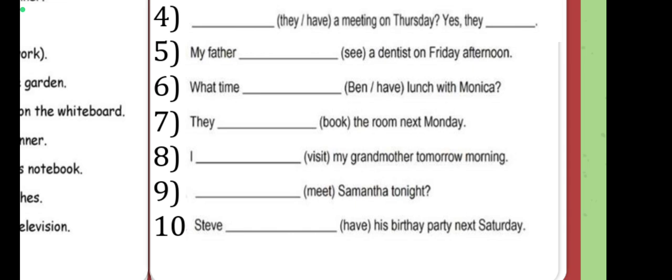I'm visiting my grandmother tomorrow morning. Are... I don't know here. Here you can use you. Yes. Are you meeting Samantha tonight? It's good.